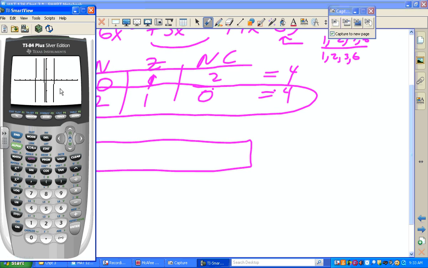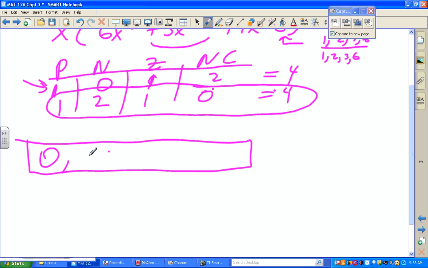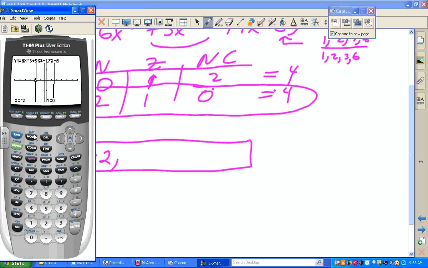So, anybody got a guess for this first one over here on the left? Second, calculate value negative 2. It's a winner. Negative 2 is a winner. Any other guesses? Someone said 1.5.